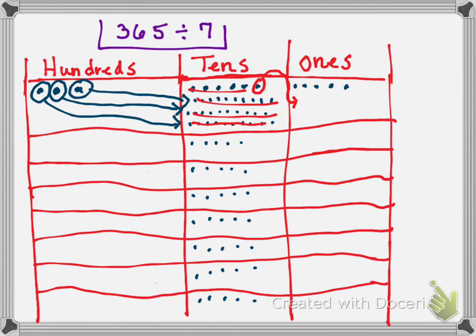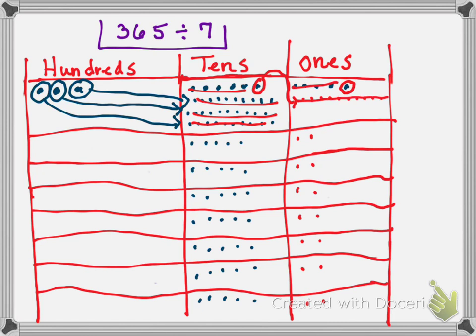Okay, so now we're going to take this 10 and bring it over to the ones, now we're going to have 1, 2, 3, 4, 5, 6, 7, 8, 9, 10. Now we have 15 ones, and we break it up into 7 groups. So let's count to 15. 1, 2, 3, 4, 5, 6, 7, 8, 9, 10, 11, 12, 13, 14, 15. We cannot fit this one.